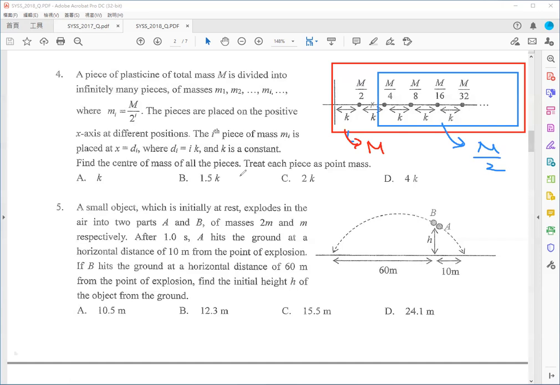And then if you consider the center of mass of the red one, let's say it is somewhere in this position, just for example. Let it be x. If you consider the center of mass of the blue system, it should give you the same value, because every mass is just halved.